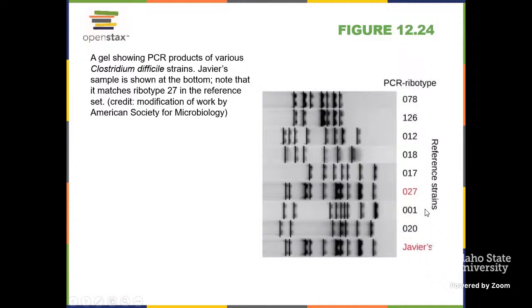Now we're looking at the patient versus a handful of culprits to clue us into what type of Clostridium we're looking at. And the specific bands from Javier are an exact match right up here to ribotype 27. And we know Javier has this specific strain of Clostridium.